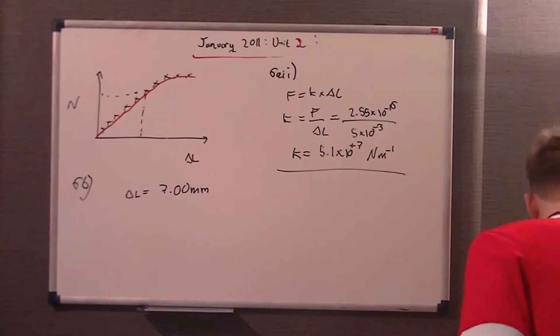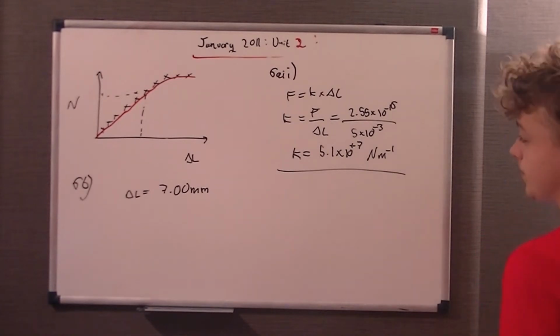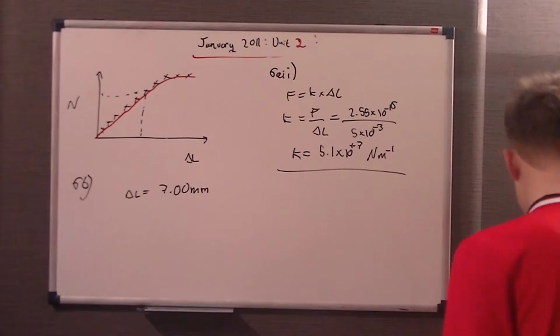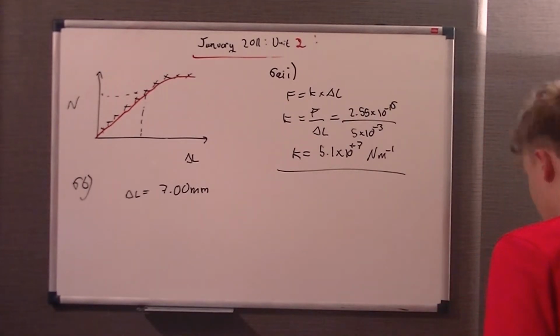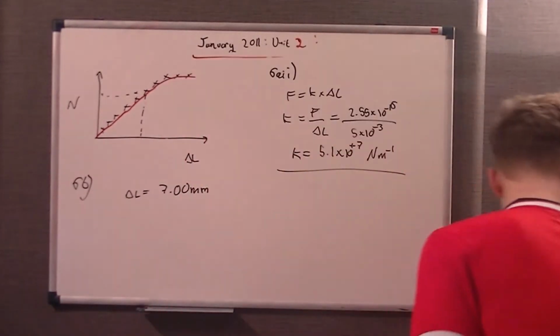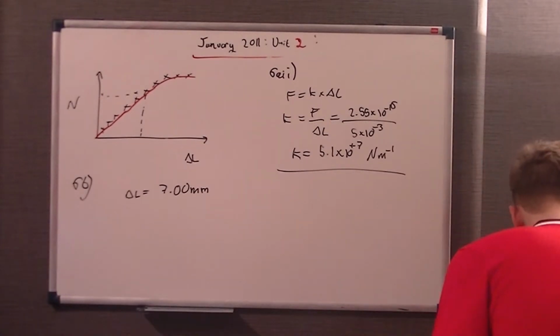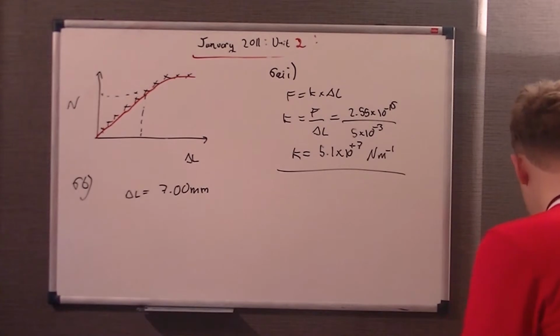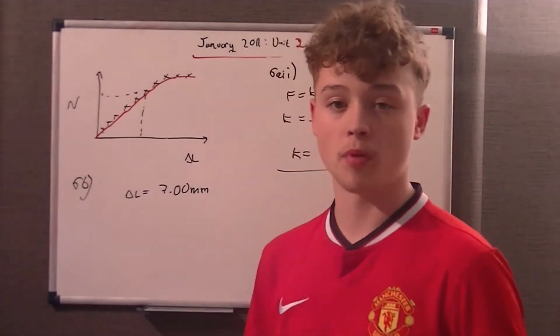Let me just see what the graph is. Calculate the breaking stress. Alright, okay, so we've got delta L. Just making sure I've got this right before I go off with it.